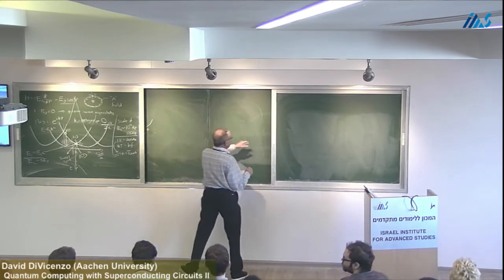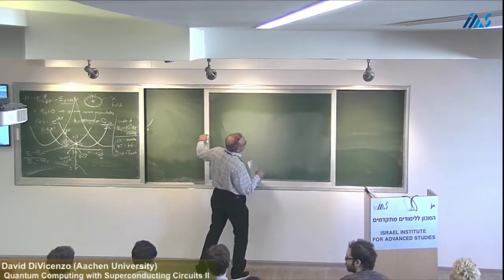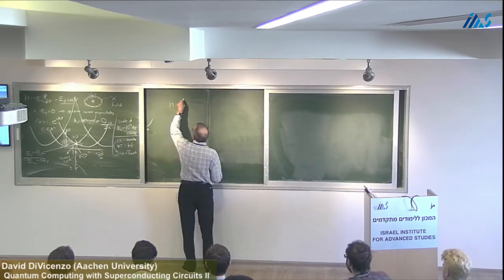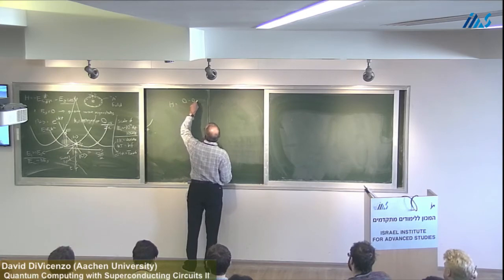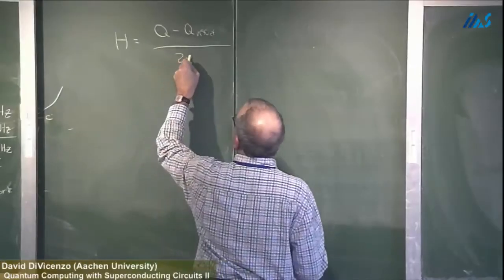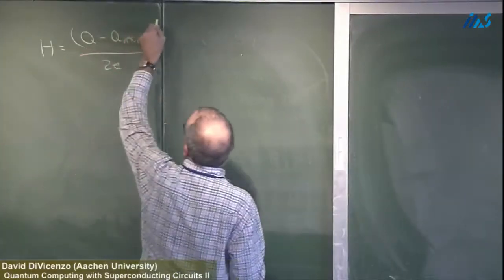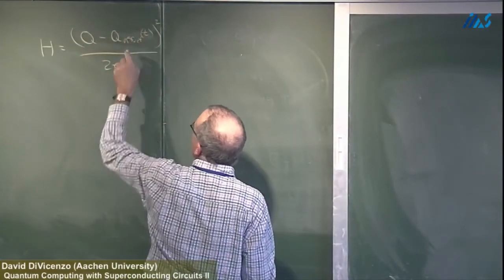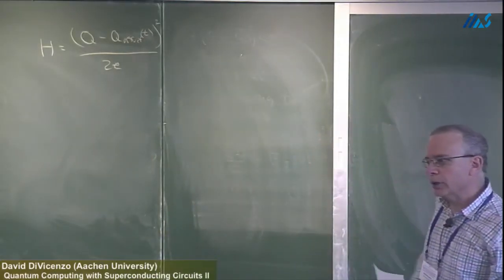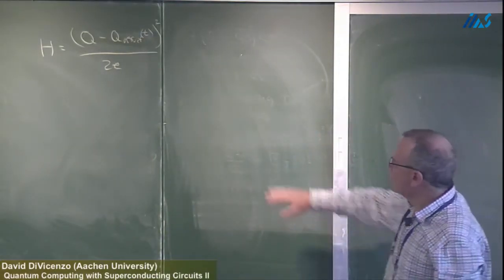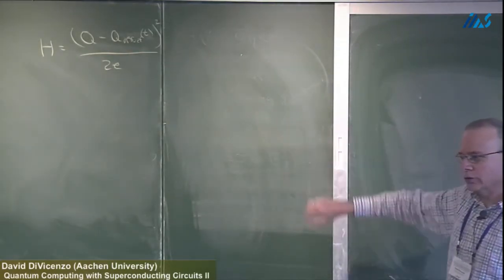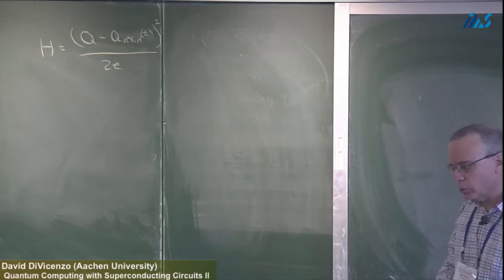I think I probably just erased the thing that I need to refer to. So, for instance, I had Q minus Q offset over 2e, and I have a square here, but I'm leaving a little space. Suppose I make this a stochastic variable, a classical but stochastic time-dependent variable. Ensemble averaging over that is enough to do a very thorough destructive job of coherence. So that's one element of it.